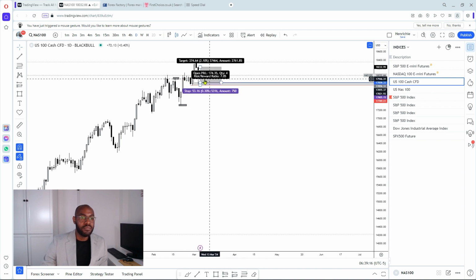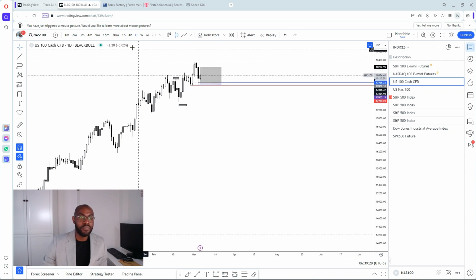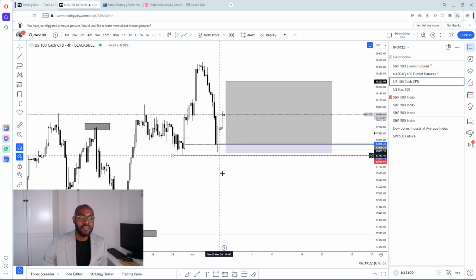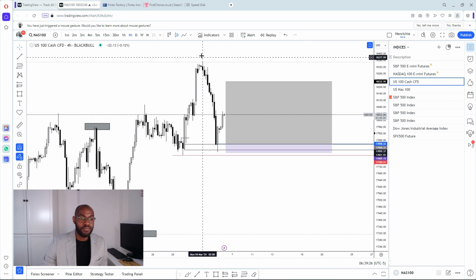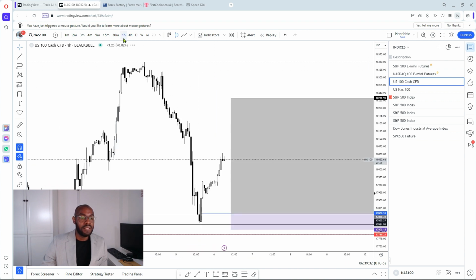And right here, we have this last move to the downside before an expansion that broke structure. We'll go to the 4-hour time frame, and right here you can see this downward push before an expansion. Price came back down, took liquidity from this previous low. You can see the previous low right there, took liquidity, mitigated this inefficiency, ran liquidity from the low as well.